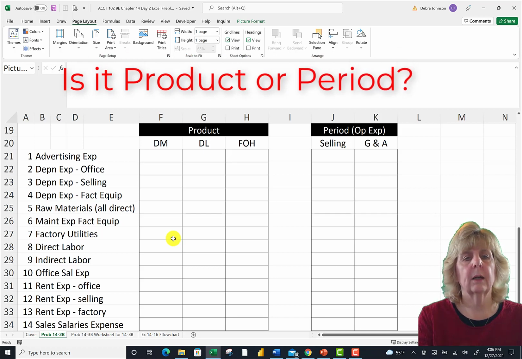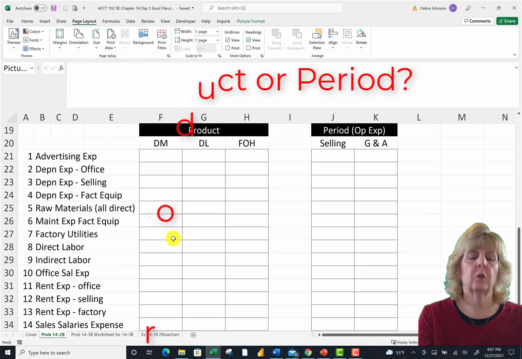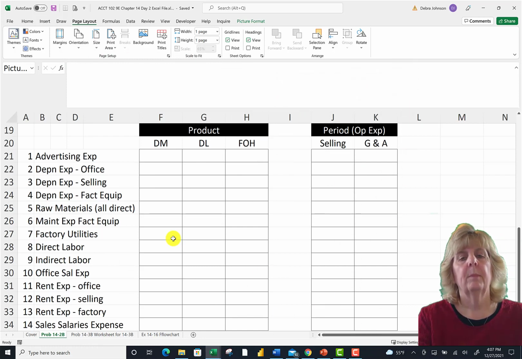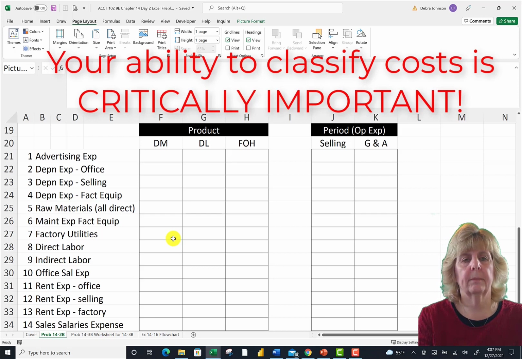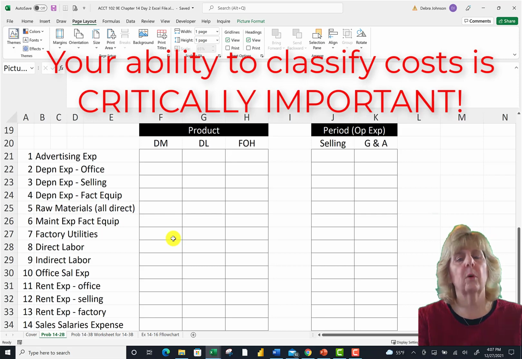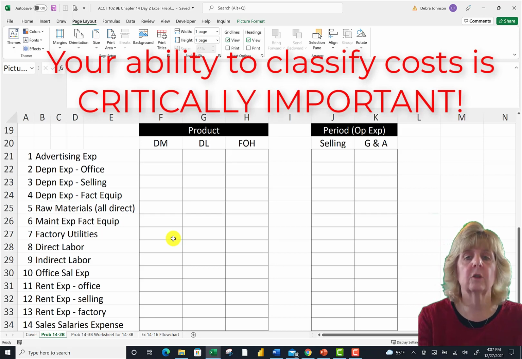Remember that product costs go through the balance sheet, eventually into the WIP account, but that period costs go directly to the income statement. Hence, it's very important that you learn to classify these correctly, because if you misclassify them, you will wind up with misstatements on the financial statements.